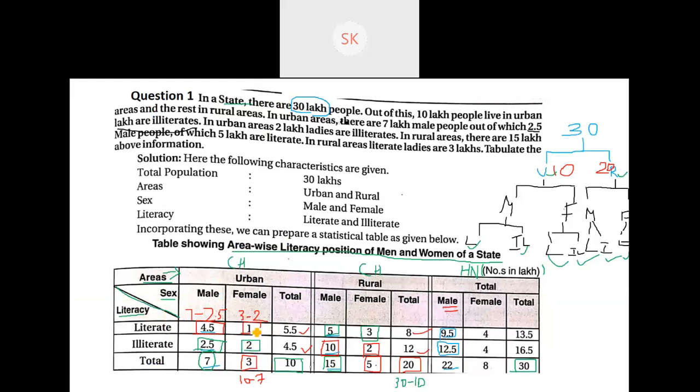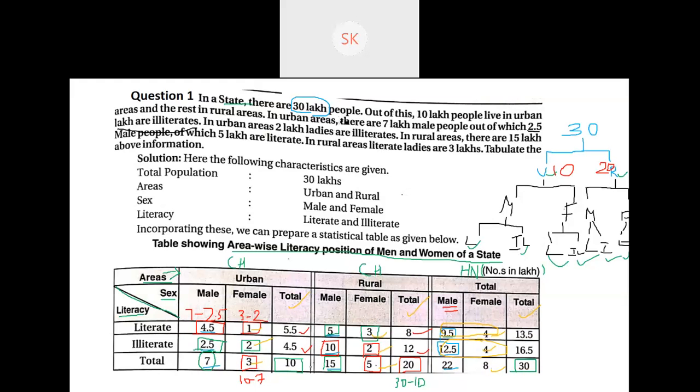I'm picking another color. Female: 1 plus 3, 4; 2 plus 2, 4; 3 plus 5, 8. So I've got these female numbers. Again, just add these two columns and you will get the total.